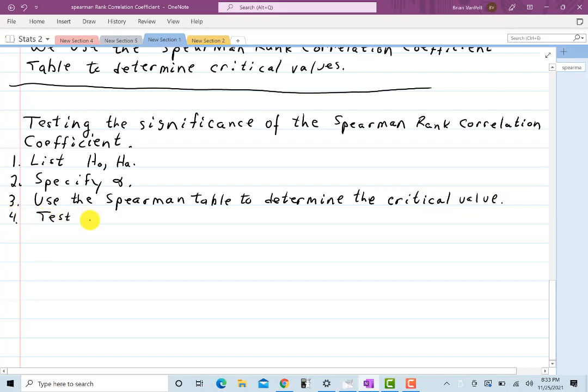Our test stat, that is R sub S equals 1 minus 6 times the sum of d squares divided by n times n squared minus 1. Make the decision.